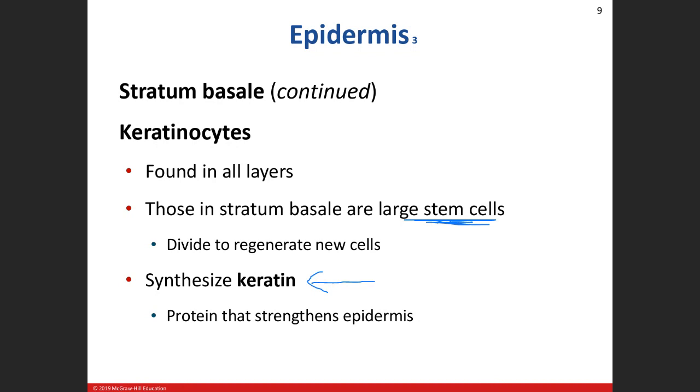Especially if we're dealing with the skin in the thick layers, we need to make sure that those layers are very protective against the mechanical stress and the wear and tear that goes on. So make sure that you know what keratin's all about. It's a protein.